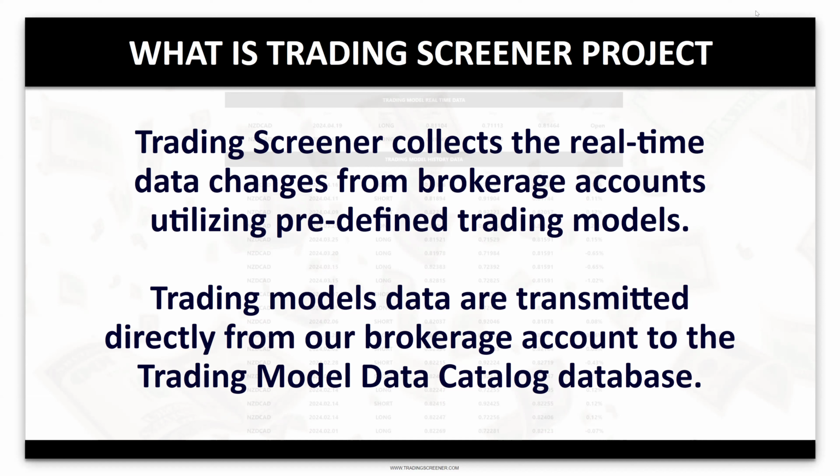So automatically we can verify all the rules and see if for that broker we met the rules. And if all the rules are there, we are pulling that information instantly into our main database, or how we call it, the trading model data catalog. From there, we can deliver that to you.